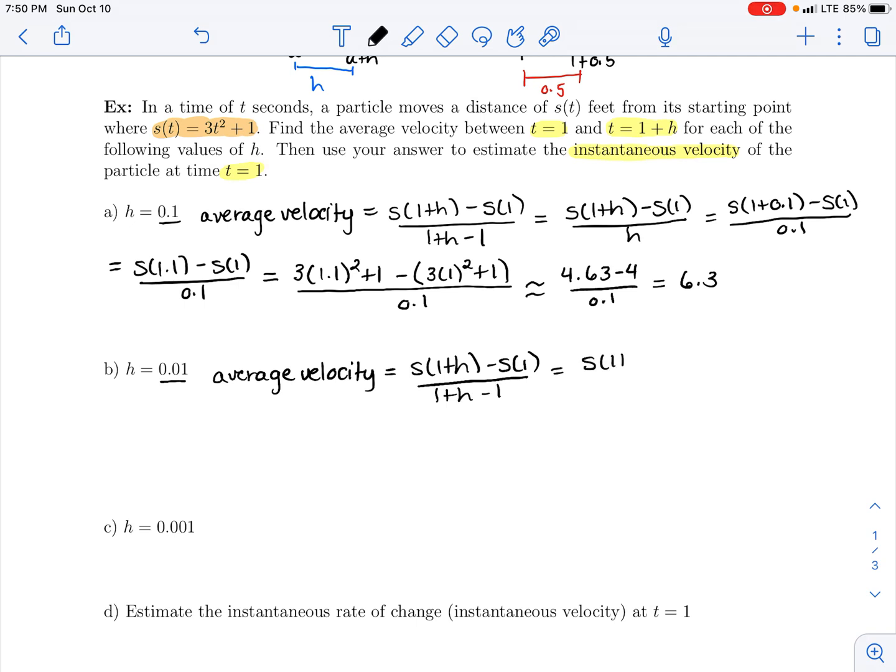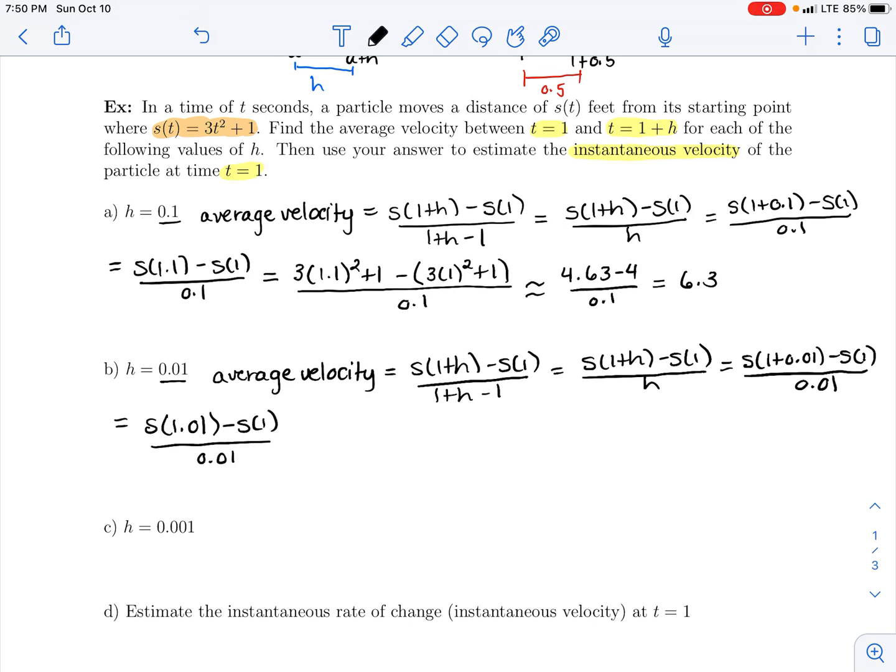And then doing this exact same process, but now my h value is going to change. So in here, I'm going to put s of 1 plus 0.01 minus s of 1 all over 0.01. In other words, this is s of 1.01 minus s of 1 all over 0.01.